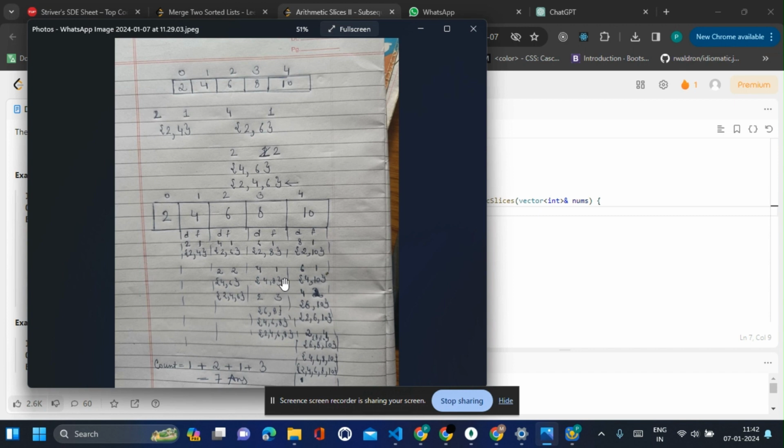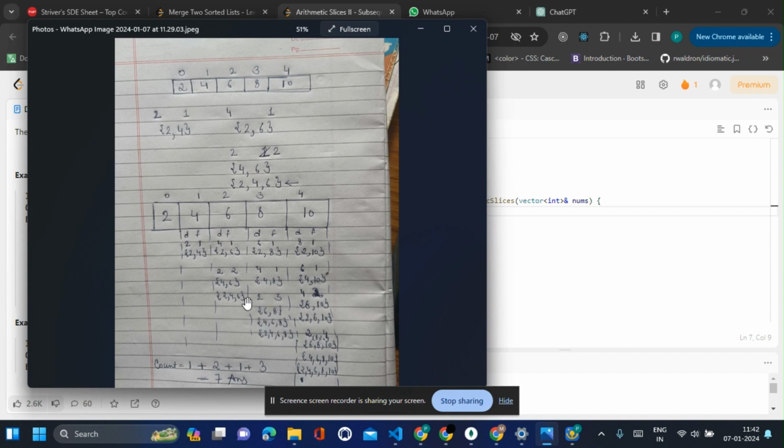Now we have encountered it previously, that's why we have increased this count by 1. Now common difference 2, frequency is 3 because we have already got the common difference 2 ending at this j 6.